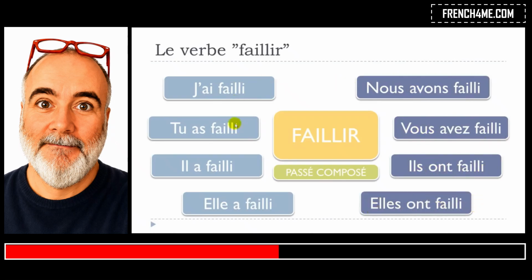Alright, so these forms are actually the most used. Alright, so one more time. J'ai failli, okay, so you can see that you use avoir, like most of the verbs, and then participe passé failli. Tu as failli, il a failli, elle a failli, nous avons failli, remember little liaison here, vous avez failli, same thing, ils ont failli, elles ont failli.